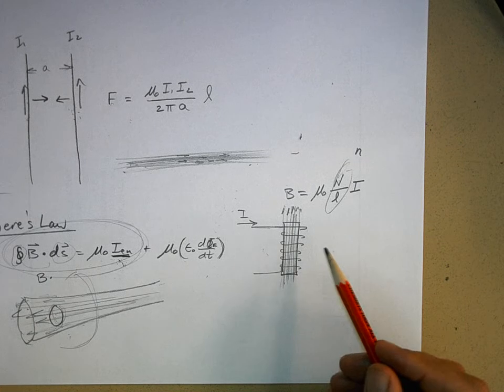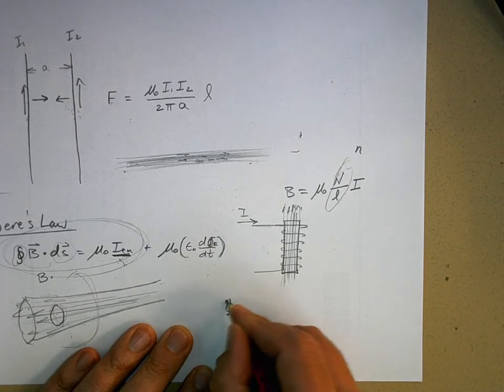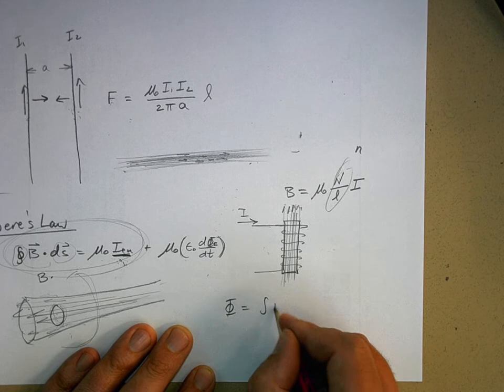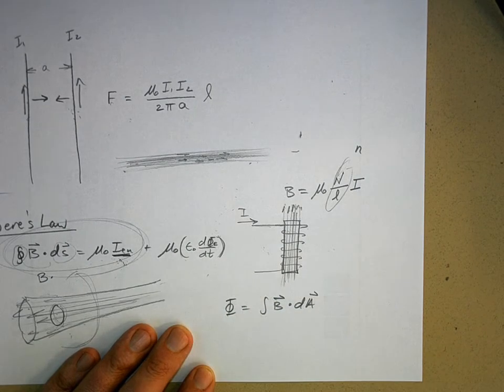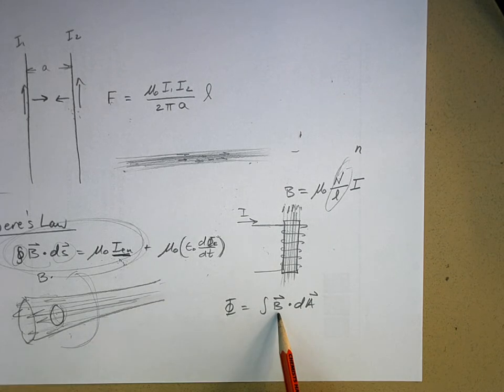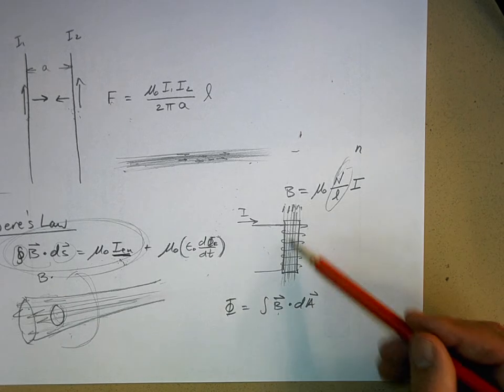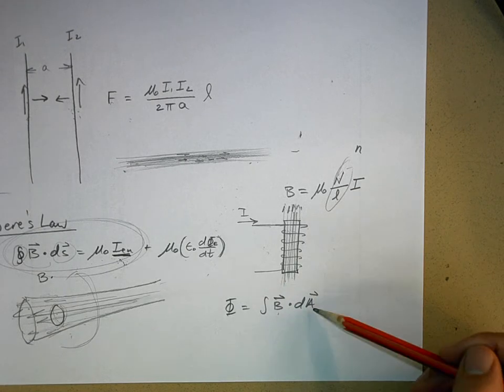We have a definition for magnetic flux: the integral of B dot dA. It's the same thing with the electric field. The magnetic field strength, if you draw it as lines of flux, is a measure of how concentrated those lines are, or how many lines of flux per unit area you have. You multiply that by the area and you get the total amount of flux.